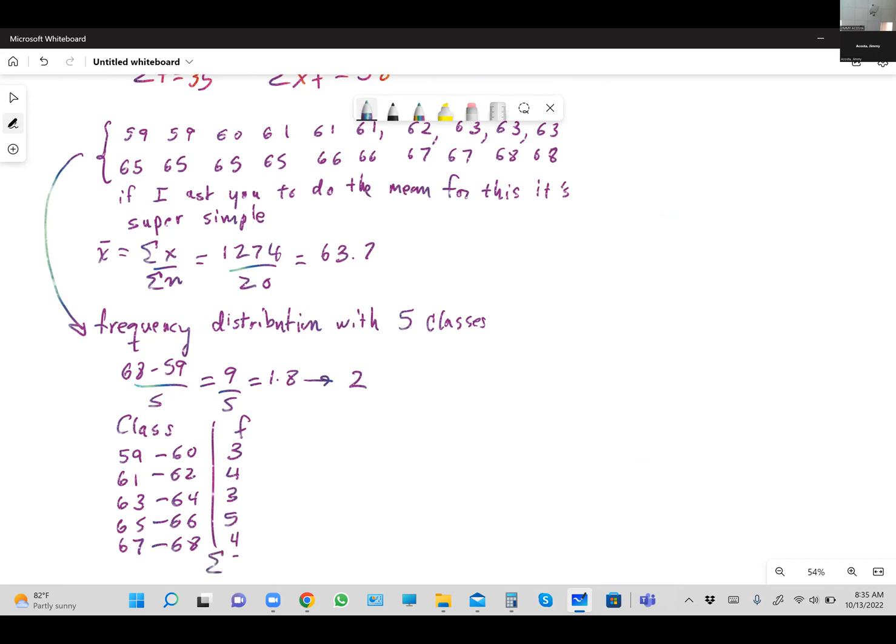So the sum of our frequencies is 3 plus 4 plus 3 plus 5 plus 4. I'm missing one number. 1, 2, 3, 4, 5, 6. So this guy is 6. So you have 20.